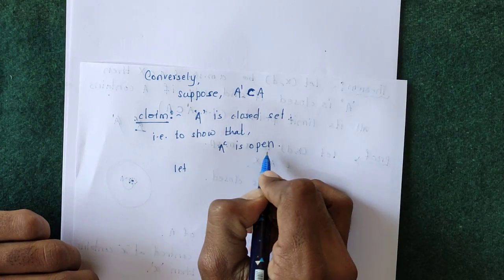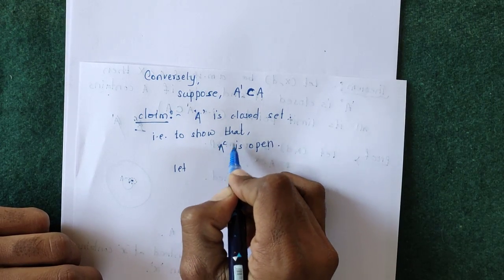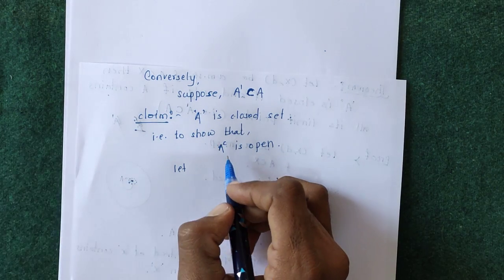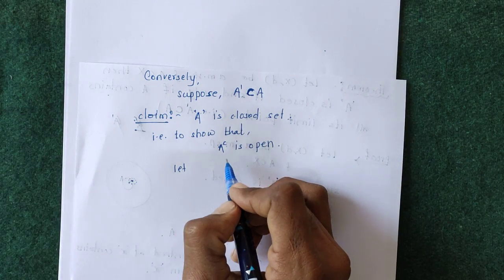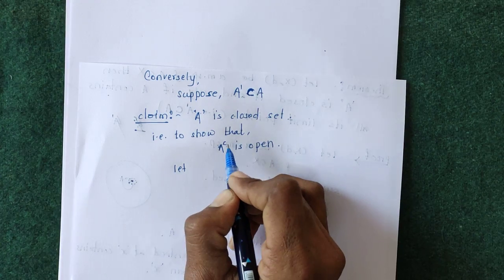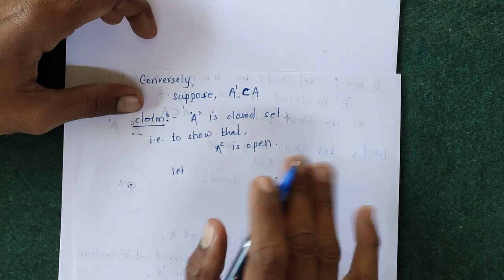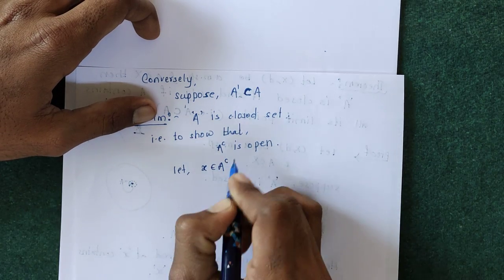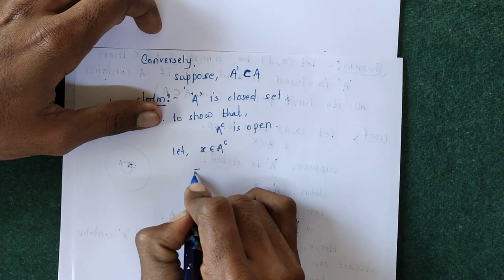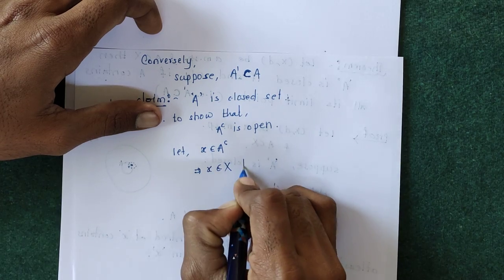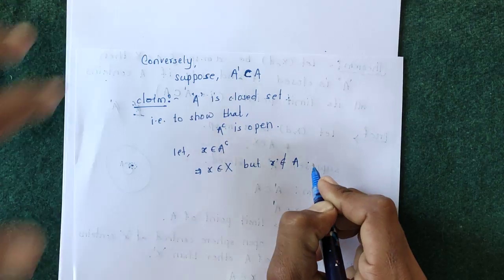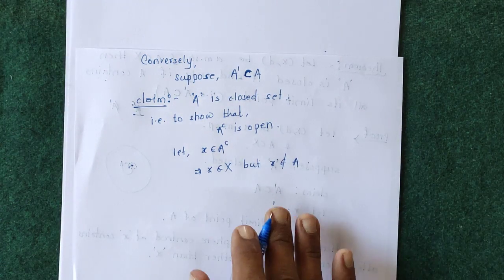So, by the definition of open set, for every element of this set, there must be some radius r such that the open sphere centered at that x lies totally inside that set. Suppose here A complement. Now, let x belong to A complement. x belongs to A complement means x belongs to X, but x does not belong to A.